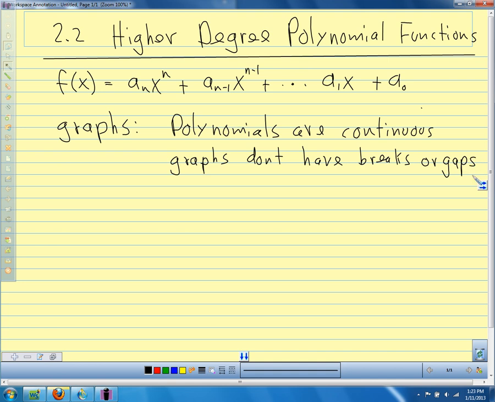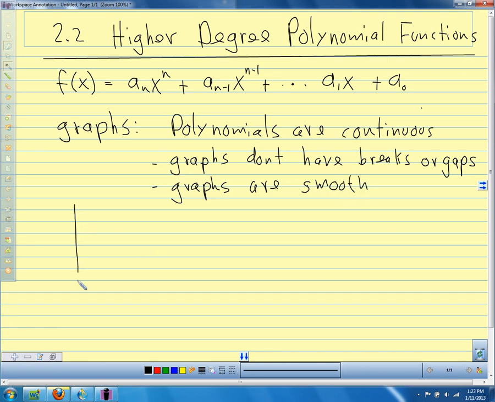And graphs of polynomial functions are smooth. So that means we don't have any sharp corners.